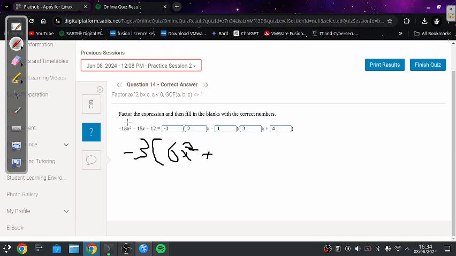Plus, since this is negative, negative and negative cancel, 5x minus 4. So this is something you can actually work with now. Two numbers that make 6 would be 3 and 2.